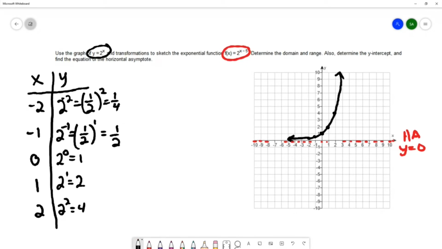So our function is f of x equals 2 to the x minus 5, and we want to use transformations to draw that graph. What I notice is that I have one transformation, which is this -5. Because we are subtracting, this is going to be a shift.